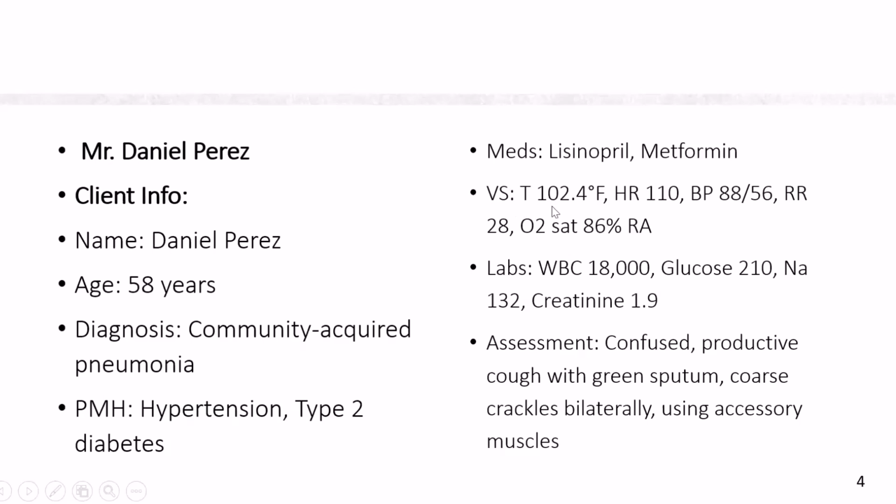Vital signs, pay close attention to them. Temperature 102.4, heart rate of 110, and blood pressure 88/56. Respiratory rate is 28, oxygen saturation is 86, and your labs: white blood cells 18,000, glucose 210, sodium 132, creatinine 1.9.